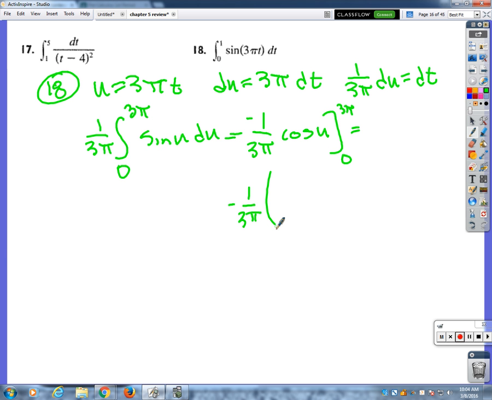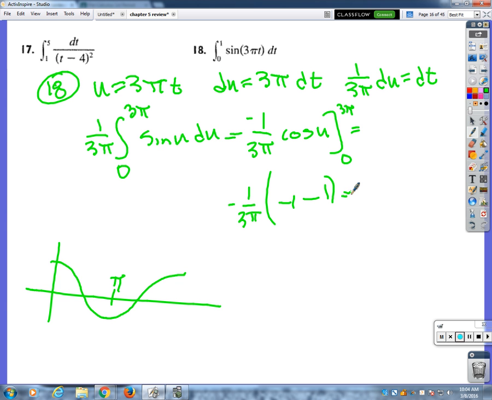Here's the graph from 0 to 2 pi, and then it's just going to repeat itself. So -1, yeah. Minus, what do you get if you plug in 0 for cosine? So -2 times -1 over 3 pi is 2 over 3 pi.